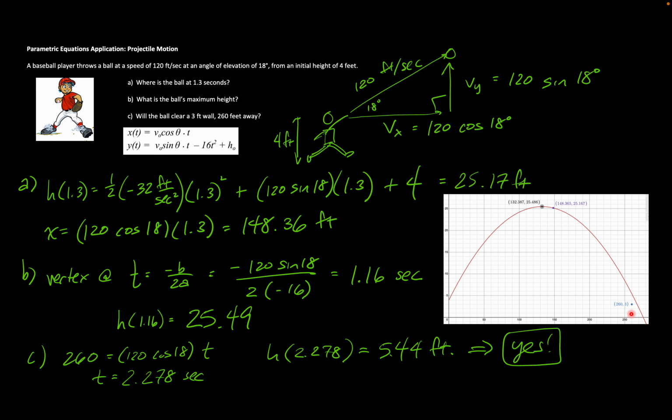So to evaluate whether the ball is going to clear that wall, I'm going to find the time it took the ball to travel the horizontal distance of 260 feet. To do that, I'm going to use this equation, plug in 260 for x, and find the value of t. That is, using a calculator, about 2.278 seconds.